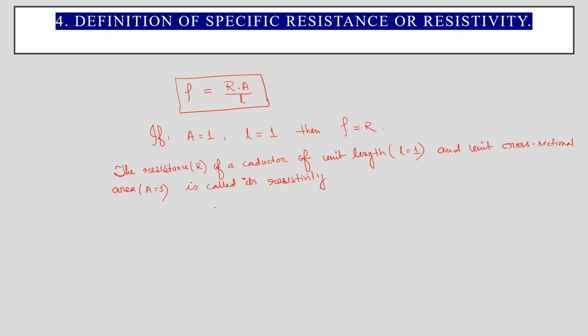Okay, the resistance of a conductor of unit length and unit cross sectional area is called resistivity.